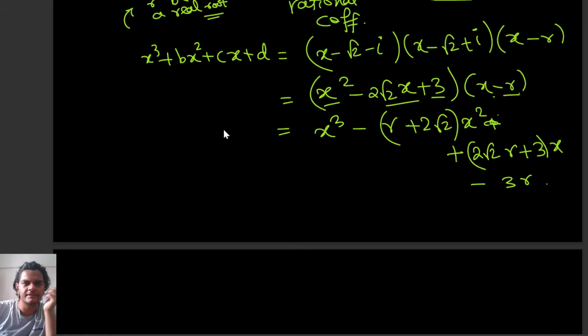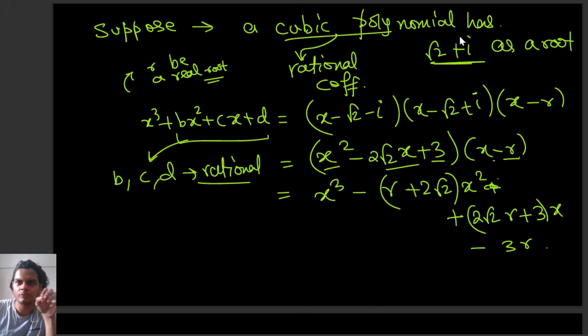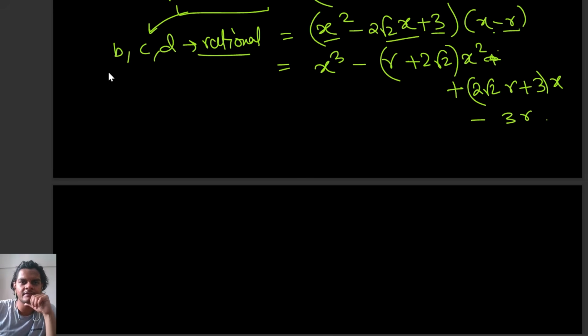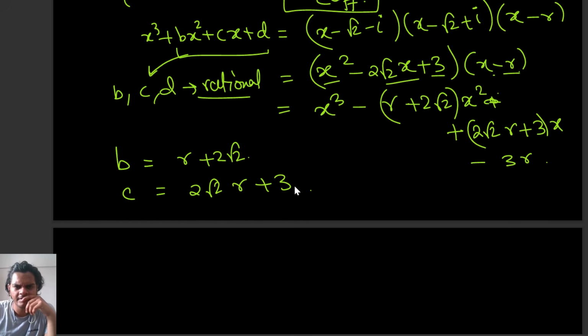So comparing the coefficients here, I hope you remember that b, c, d are rational numbers. That is the assumption. Our assumption is a cubic polynomial with rational coefficients, right? So that means comparing the coefficients, b is equal to minus r minus 2 root 2, and c has to be 2 root 2 r plus 3, right?